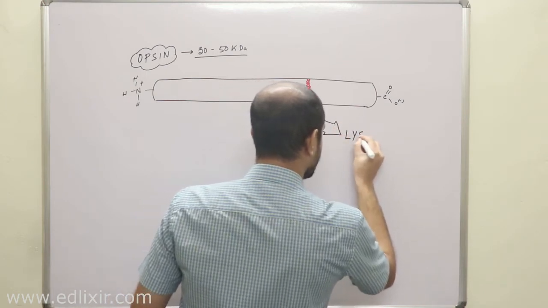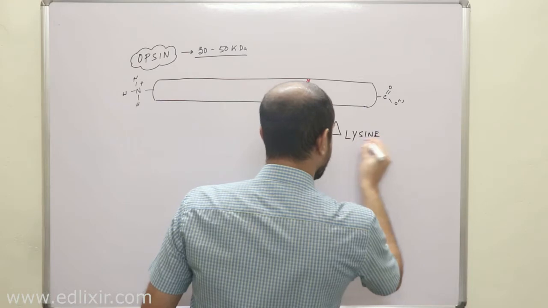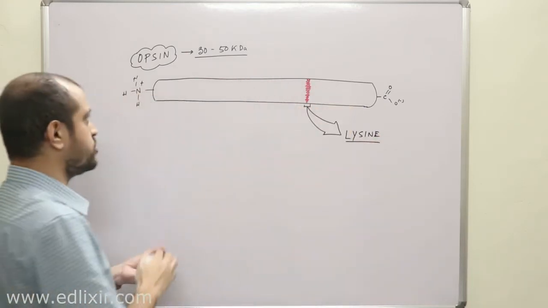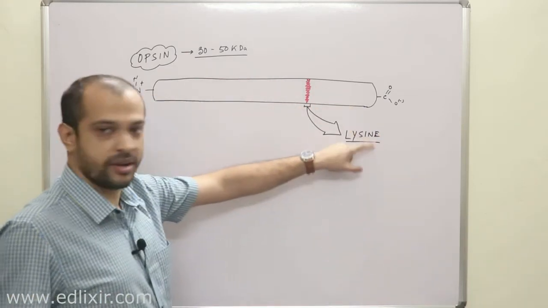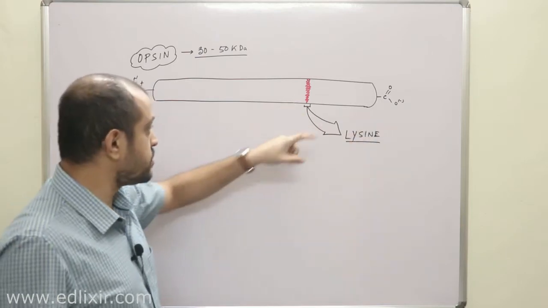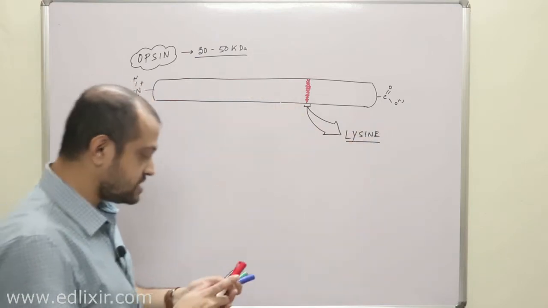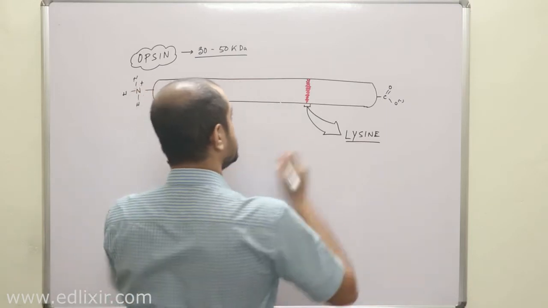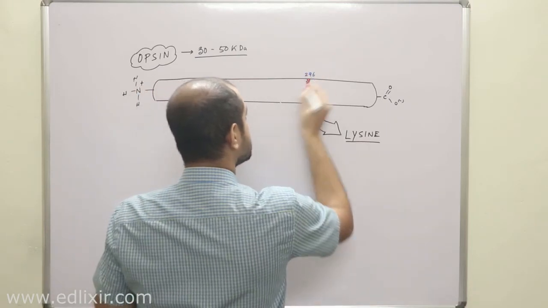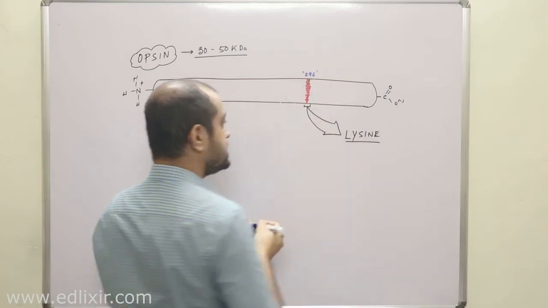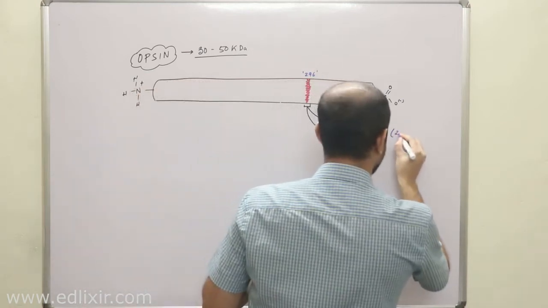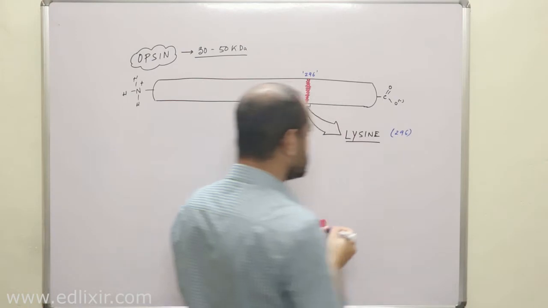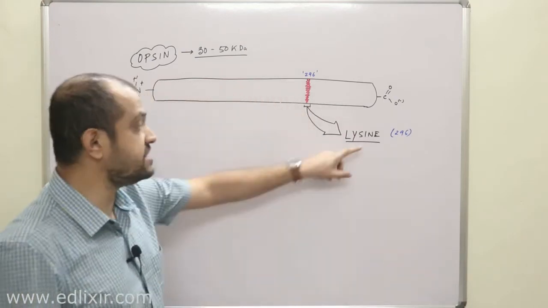As this is a protein, made up of many amino acids, in this position a lysine molecule is present. This position is actually the 296th position, that is, lysine is the 296th amino acid. So in the 296th position of opsin, lysine is present.